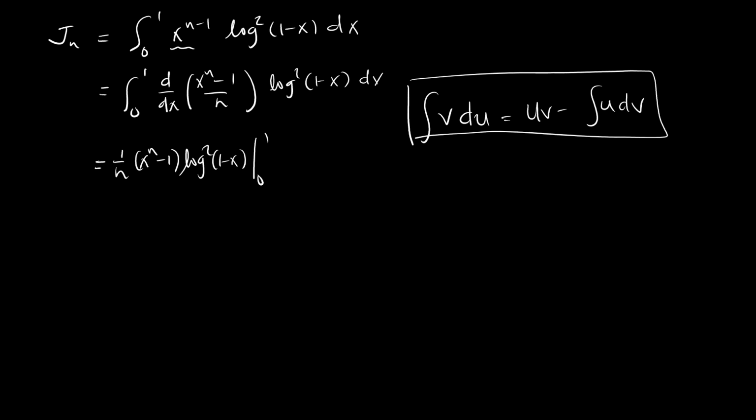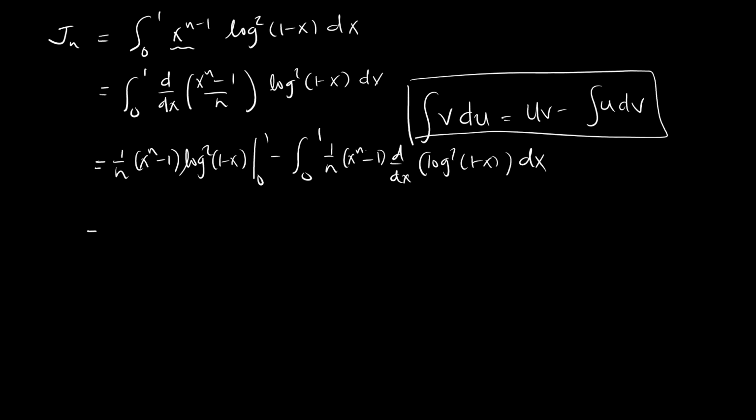0 to 1 minus u dv becomes 1 over that, the derivative of the square of log. Right.